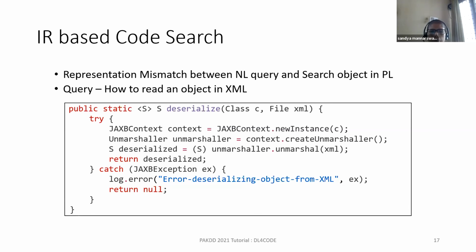Why is this important? If you think about surface-level text similarity between the query and the code snippet, it's very, very low. So any text-based similarity approaches are not going to perform well. You need something a lot more sophisticated to solve this problem than the standard IR text-based similarity measures.